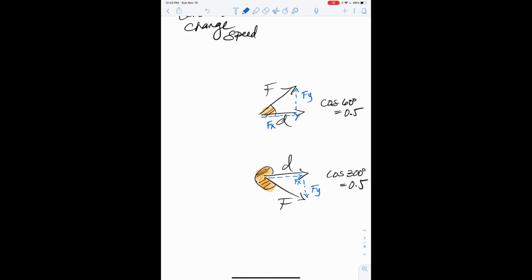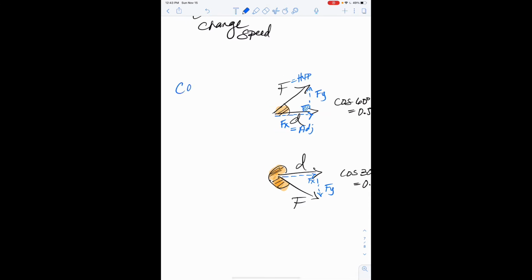Because think about this too. If you just think of this in terms of a right triangle, then we can see that Fx is the adjacent and F is the hypotenuse. Why am I bringing that up?